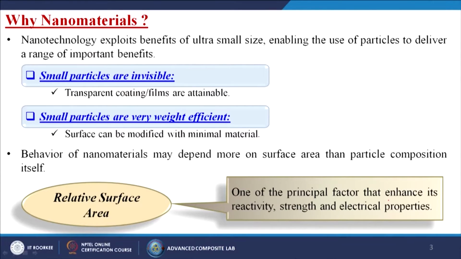Relative surface area is one of the principal factors that enhance, as I already told, reactivity, strength and electrical properties. Previously it was a conducting material, now we are making it a totally insulating material. So, what are the properties of nanomaterials?